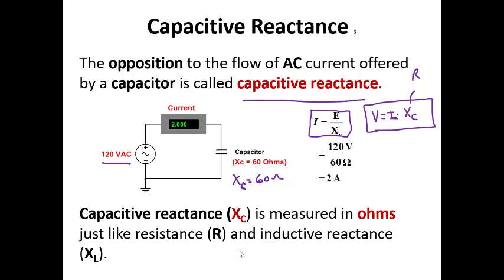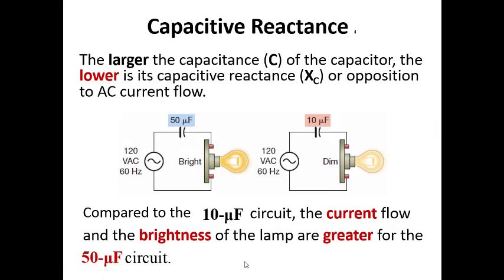So if you remember, we had X sub L last time, and X sub C is how we're going to calculate this for capacitors. If we have a larger capacitor, so the larger the capacitance of the capacitor, the lower its capacitive reactance or opposition to AC will be.